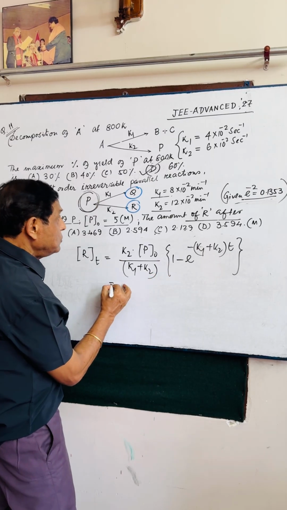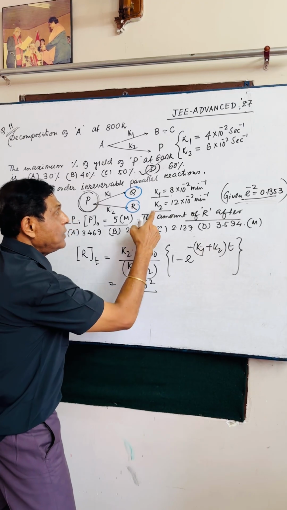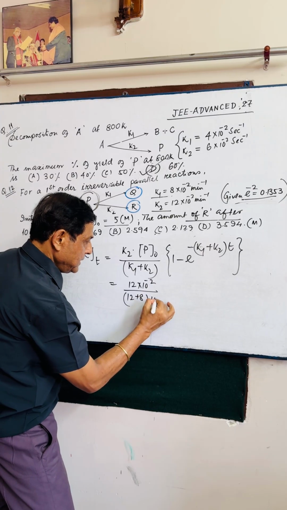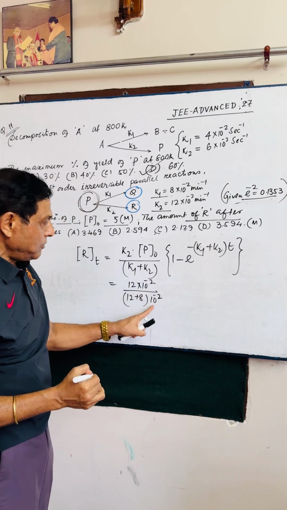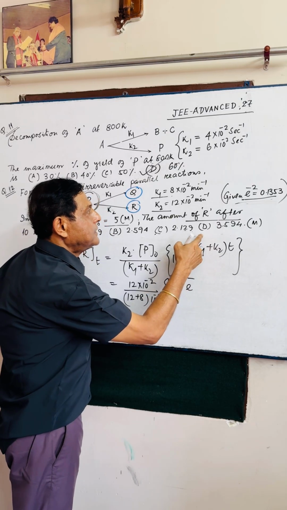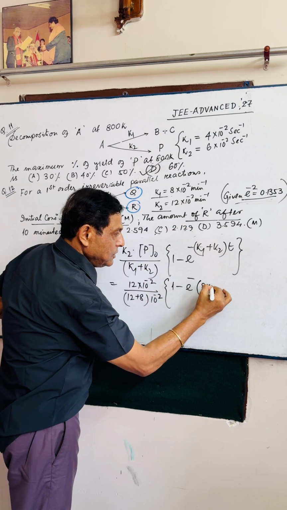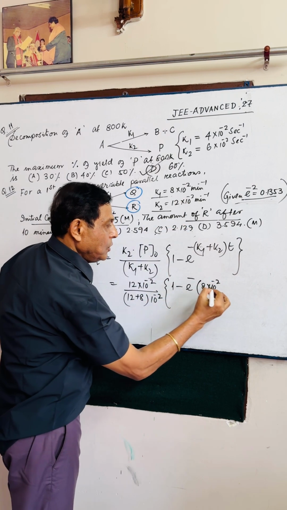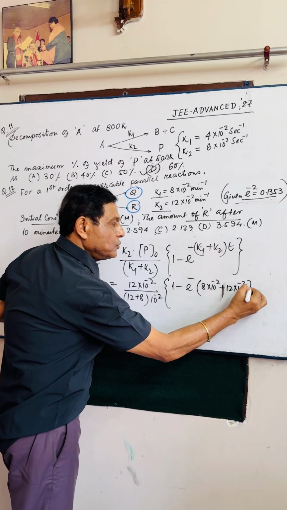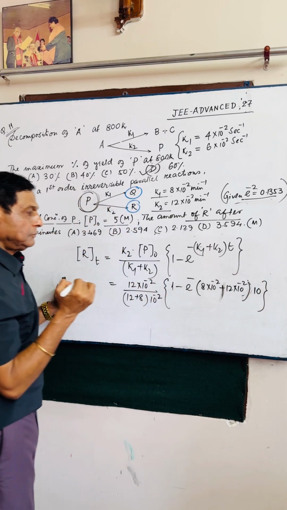What is the value of K2? 12 into 10 to the power minus 2 by 12 plus 8 into 10 to the power minus 2, because we take 10 to the power minus 2 common, into 1 minus e to the power minus (8 into 10 to the power minus 2 plus 12 into 10 to the power minus 2) into t, that is 10.